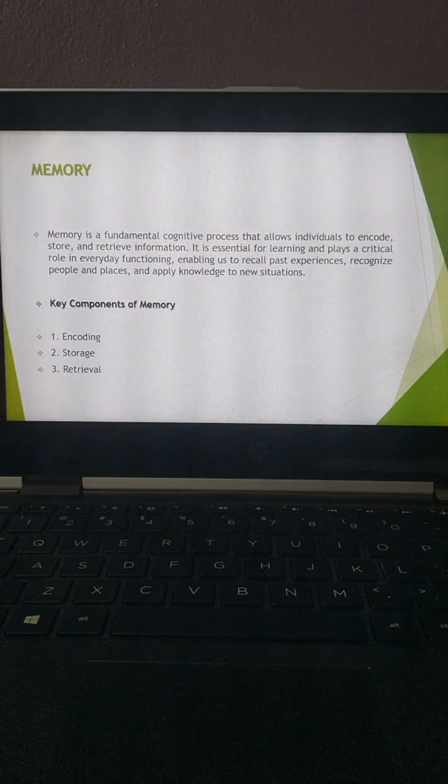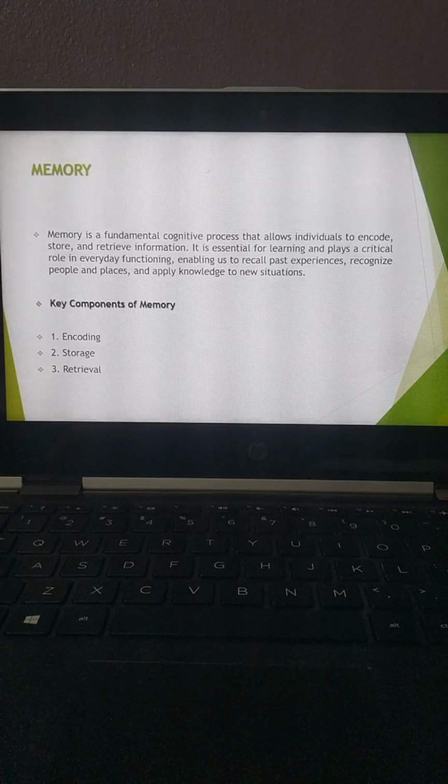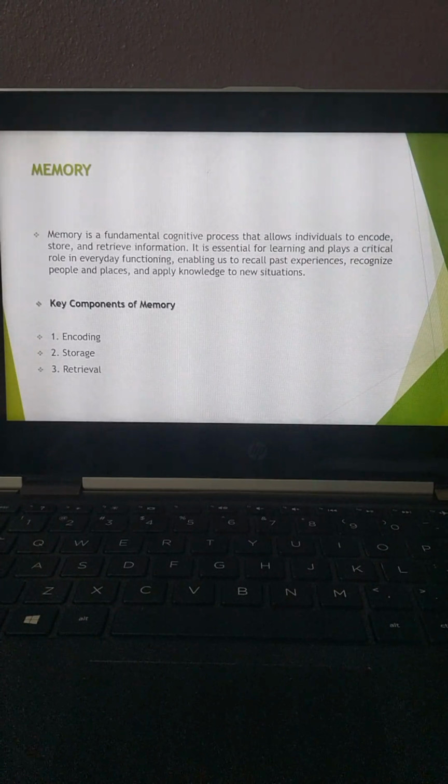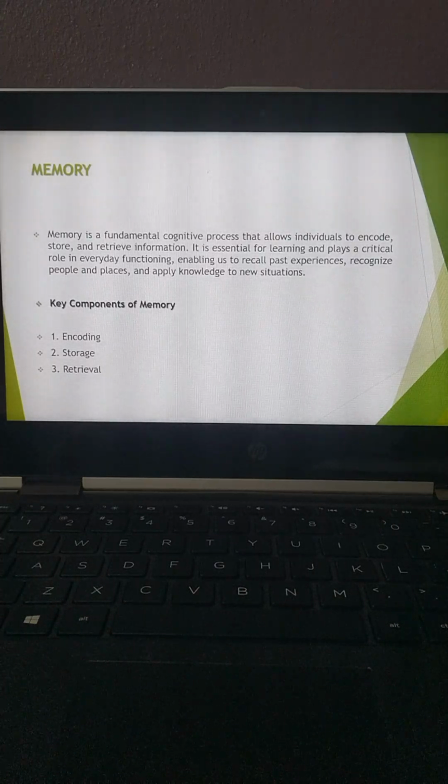It would be very disastrous if after getting a particular information, you are unable to remember after 2 to 5 seconds. So the memory is very, very important. It allows us to recall all that we have heard.